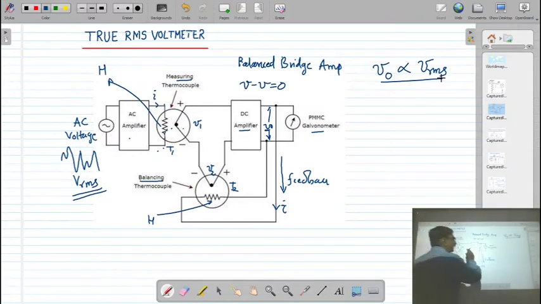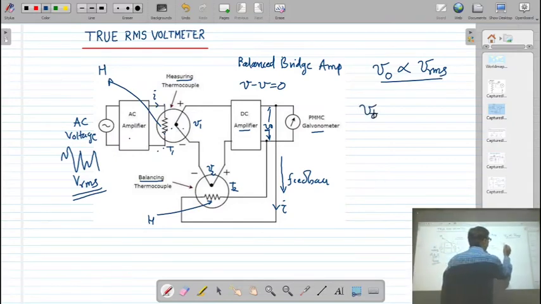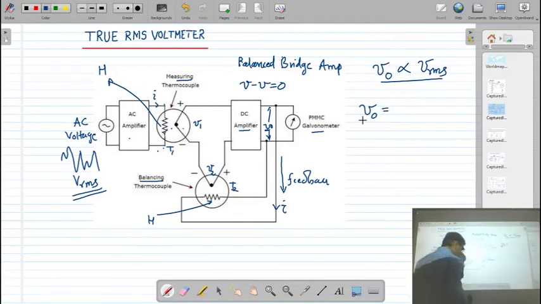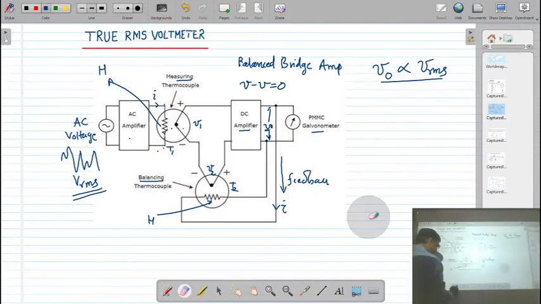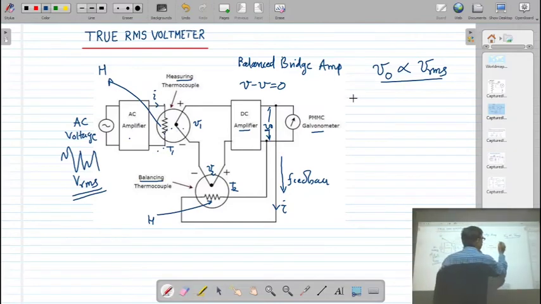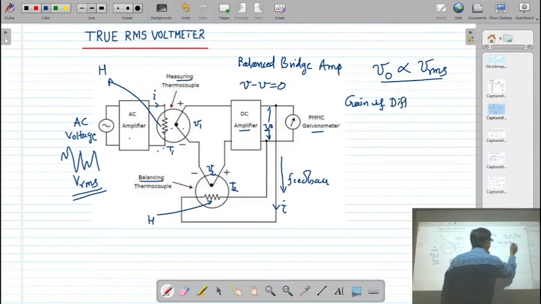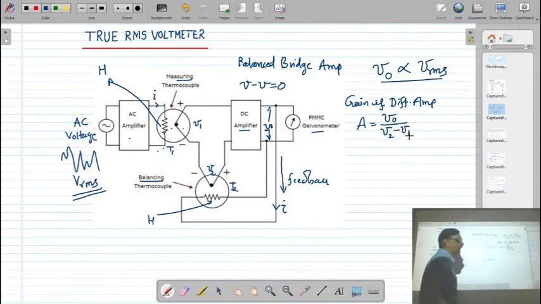So here we have a differential amplifier, and the gain of the differential amplifier is A, equal to the output voltage divided by V2 minus V1, because it is amplifying the difference between these two voltages.